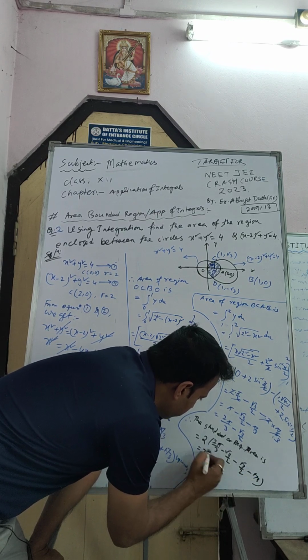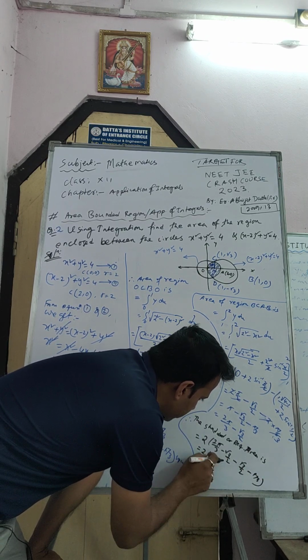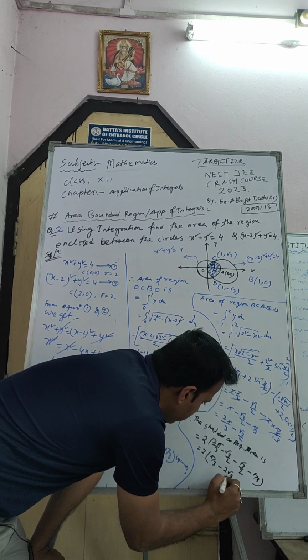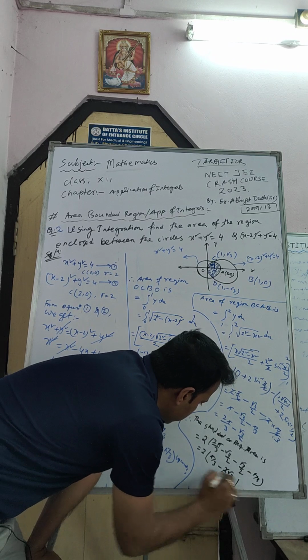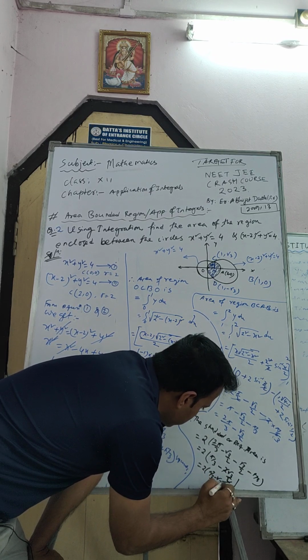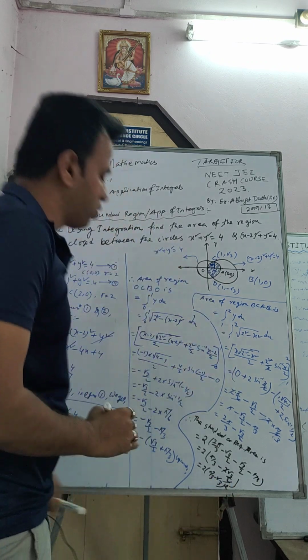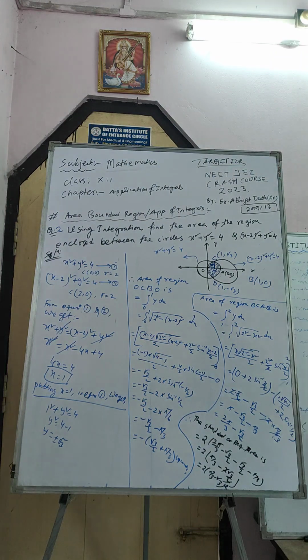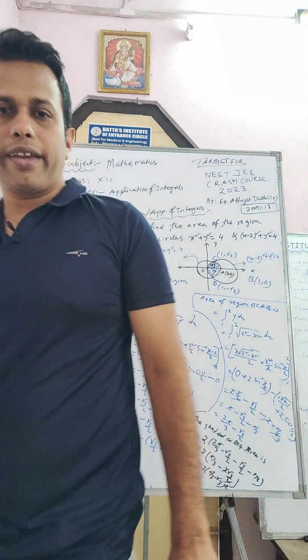So 2 into, if I do LCM here, it will be pi by 3, and here it will be 2 into root 3 by 2. 2 will cancel out. So 2 into pi by 3 minus root 3 is the correct answer. That is, this is the area.